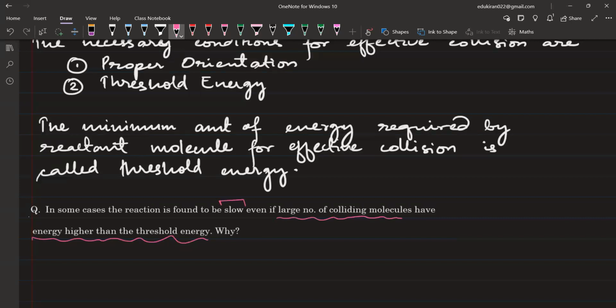The only reason which can explain the slowness of reaction is the improper orientation.